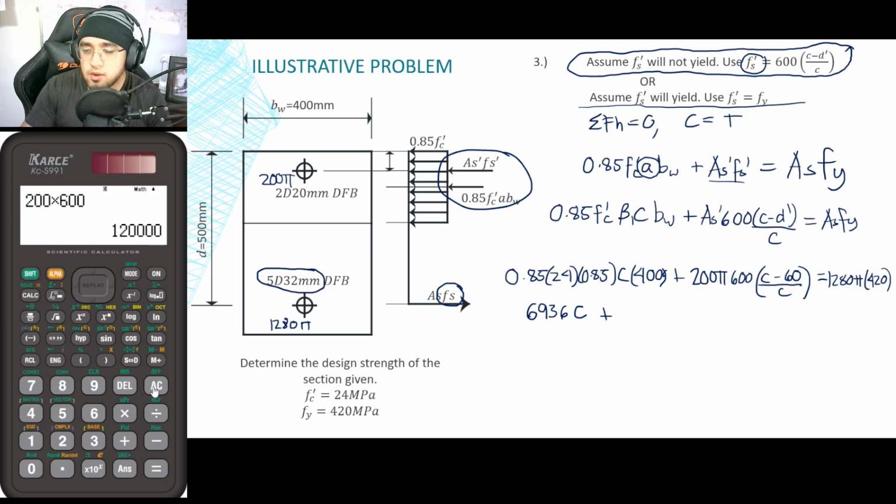So this is now equal to 120,000 pi times (c minus 60) all over c. This is now equal to, for the next set of the equation here, 1,280 times 420.